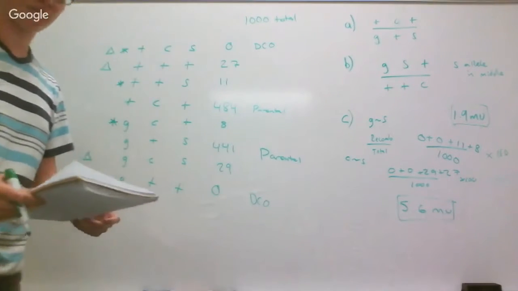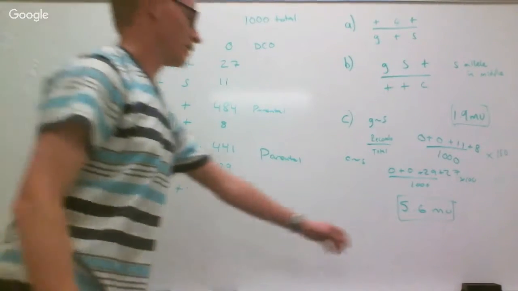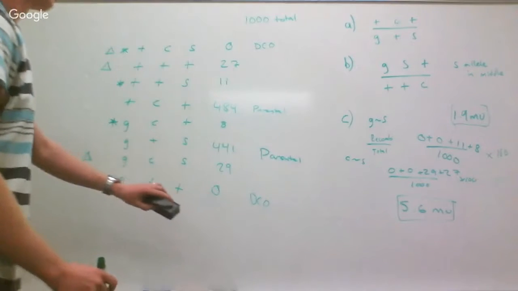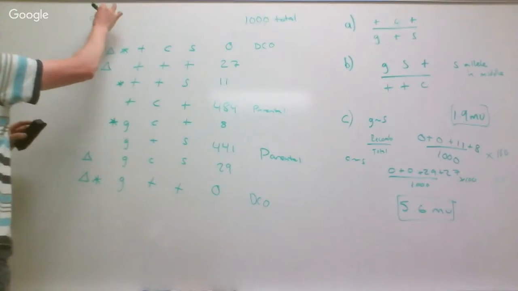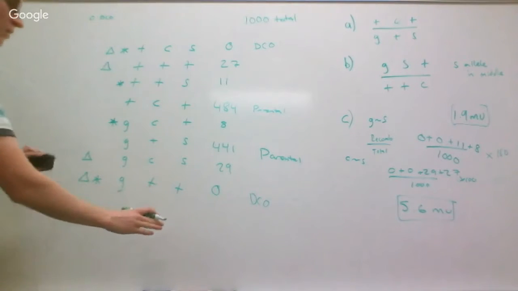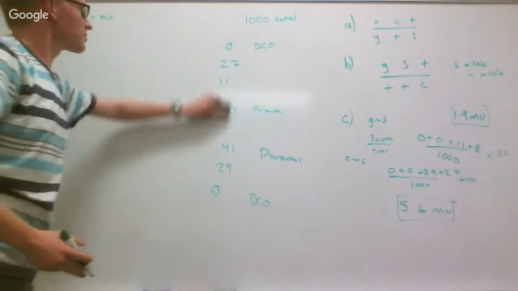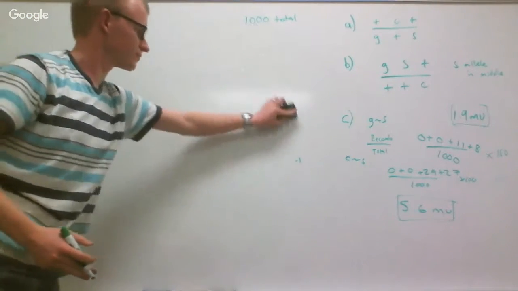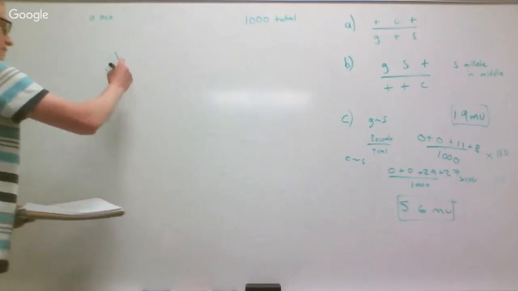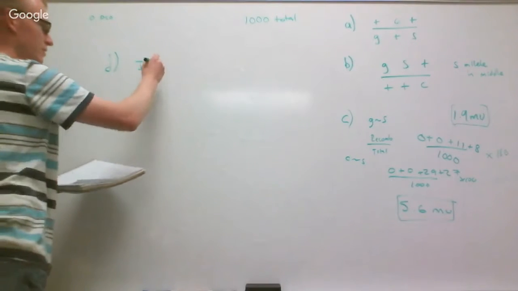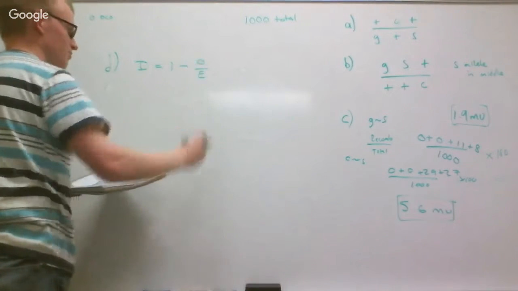Okay, so hopefully you can see that. Part D again is asking us for an interference value. So let's just remember we have 0 DCOs, and there were no double crossovers at all. So let's free up some space for us. So the interference is equal to 1 minus the observed over the expected.